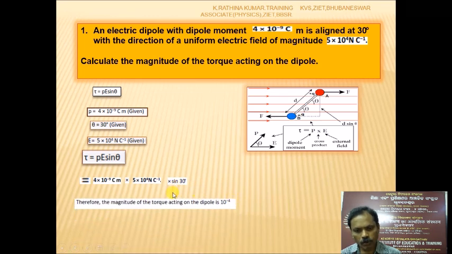So putting 1 by 2, then dividing the 4, sine 30 is equal to 1 by 2. So 2 cancels 4, 2 will be remaining, 2 into 5 is 10. So 10 power minus 5. Therefore the magnitude of the torque acting on the dipole is 10 power minus 4.